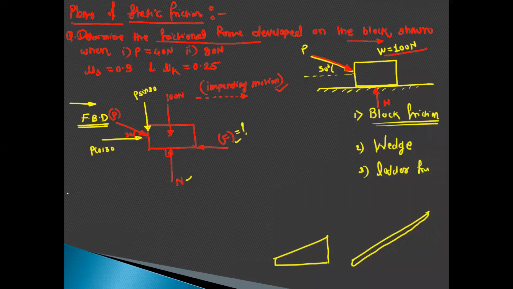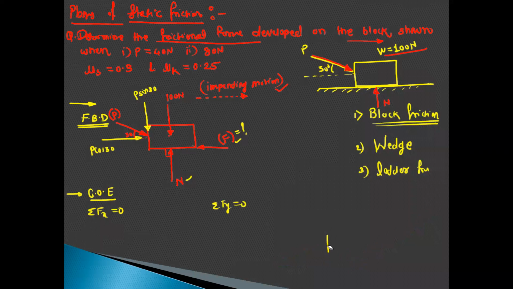By using the conditions of equilibrium, we will use summation Fx = 0, and the second condition is summation Fy = 0.